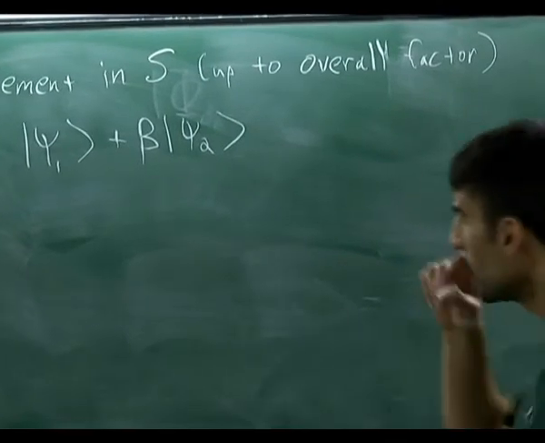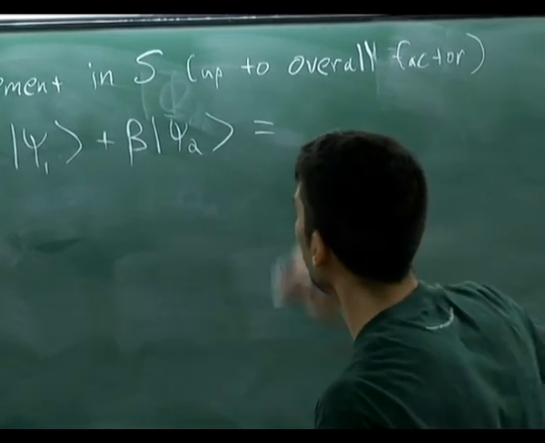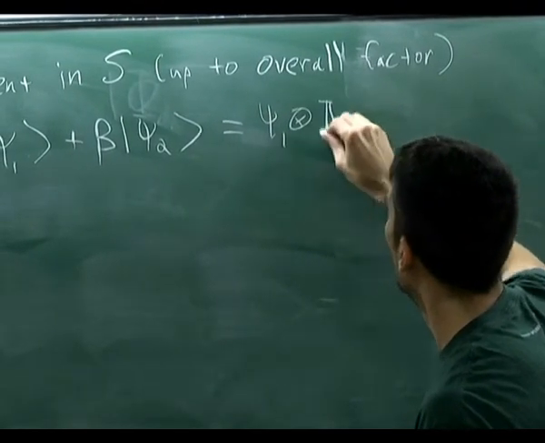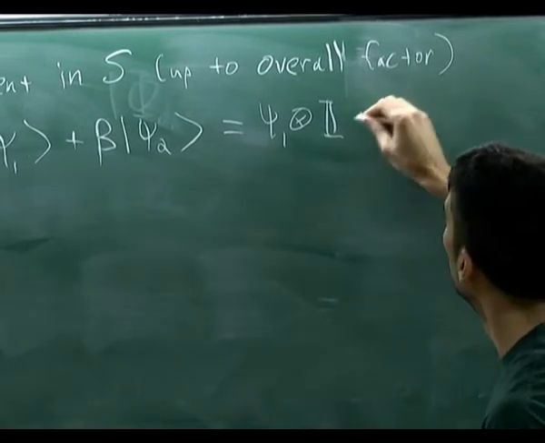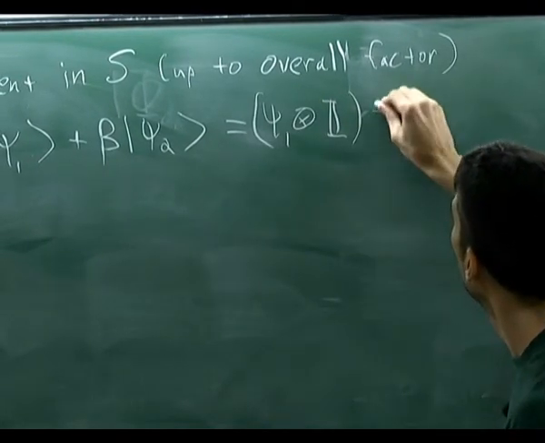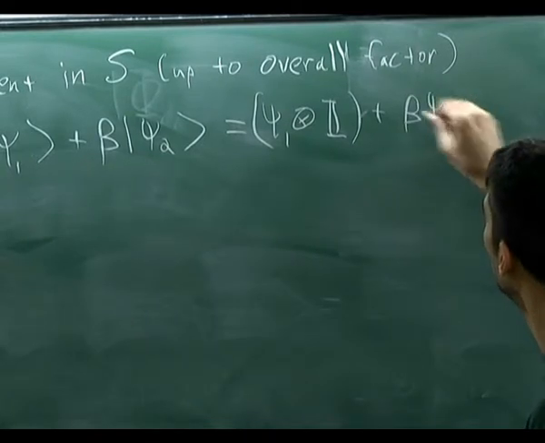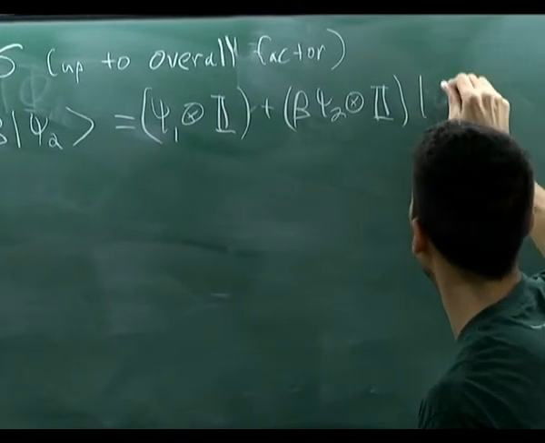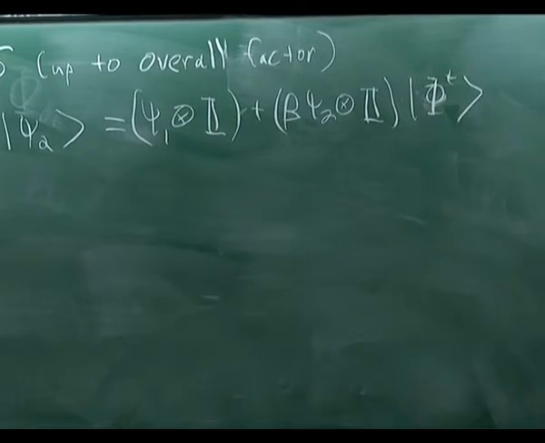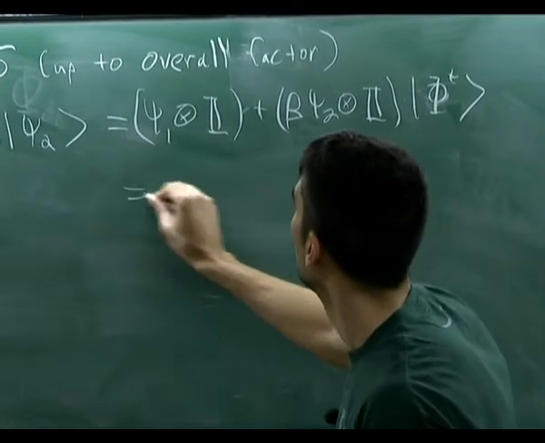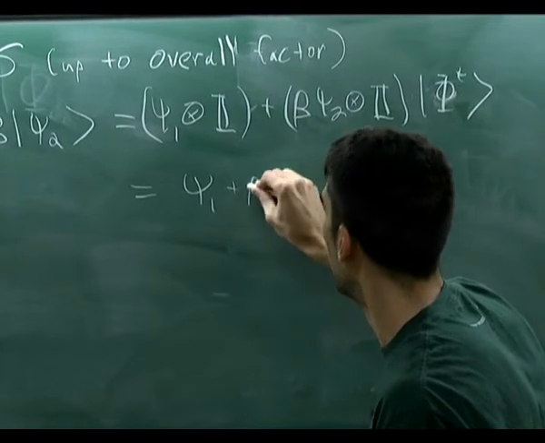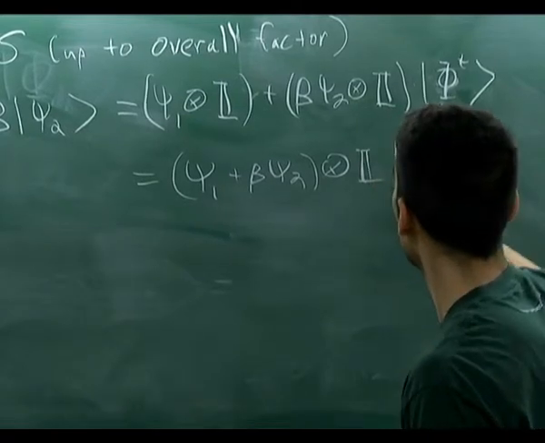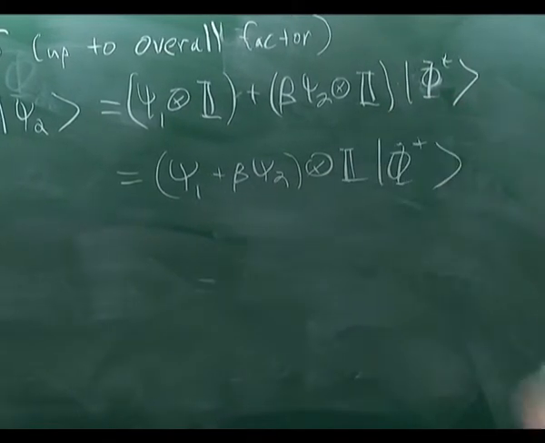In terms of our matrix representation, this will look like psi 1 I plus beta psi 2 I, acting on our phi plus. So we can look at this as just being psi 1 plus beta psi 2. Okay, so this is the general linear combination.